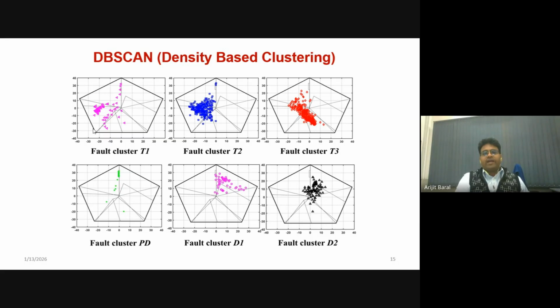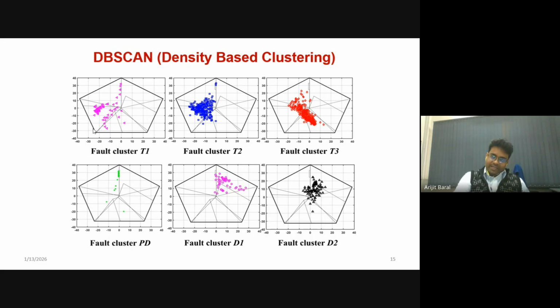Okay, then we have actually identified the cluster which can be considered as a boundary where all the points pertaining to a particular fault will lie. And for that, we have used what is known as density-based clustering.